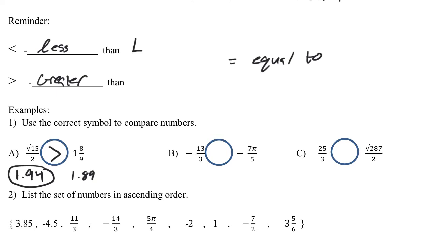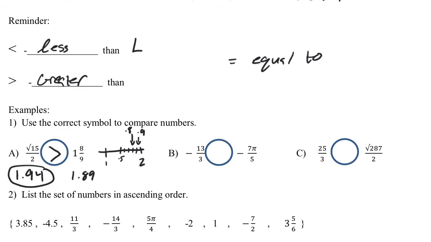If you're having a hard time deciding which number is bigger, you can use a number line and place those numbers on there. So if I'm thinking about 0.5, 6, 7, 8, 9, our 0.9 would be there. Our 0.8 would be right there.